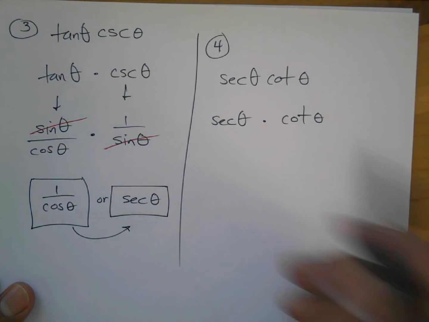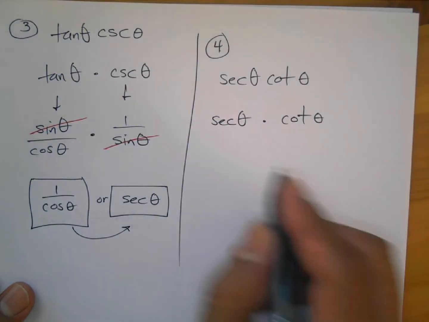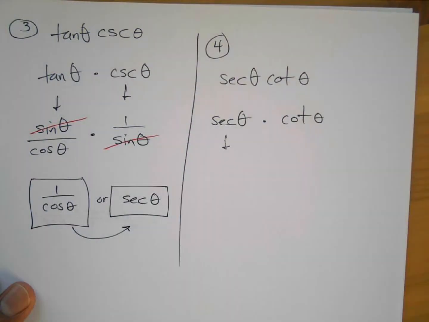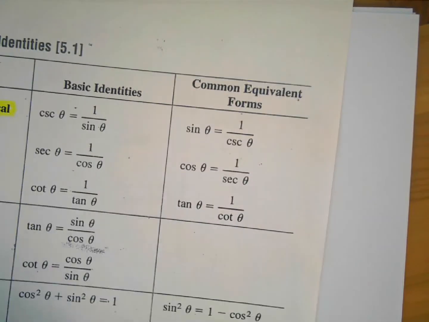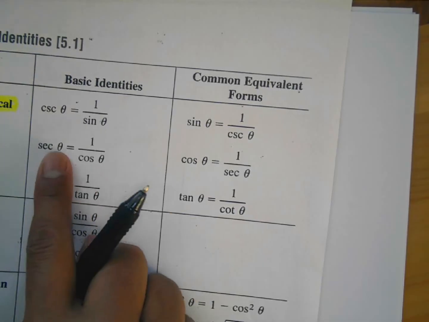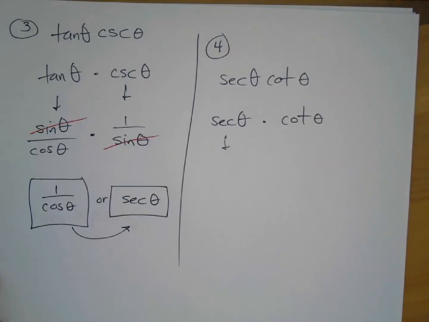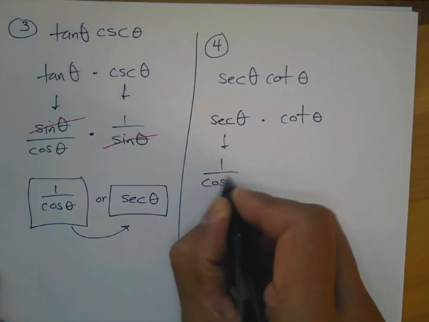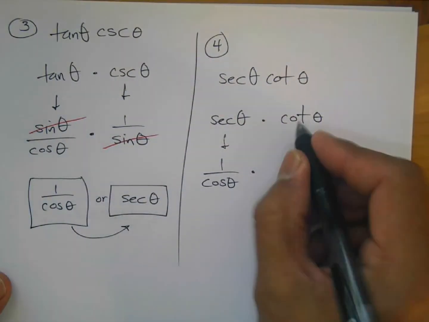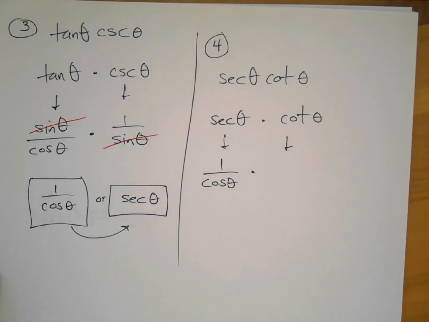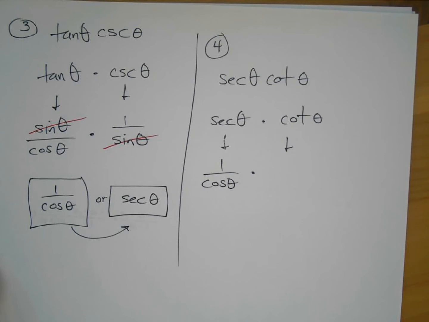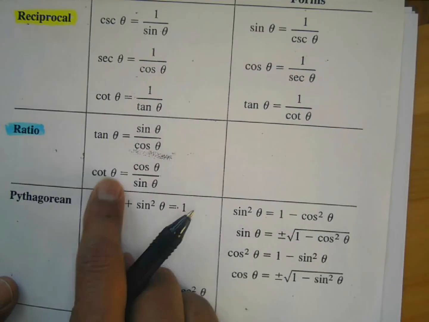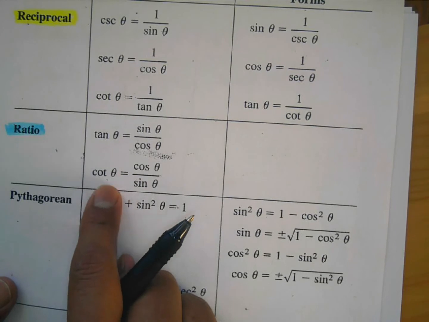Are any of these sine and cosine? No. Secant, though, I know is 1 over cosine, times cotangent. I don't want to change cotangent to 1 over tangent. I don't want to work with tangents. I just want to work with sines and cosines.